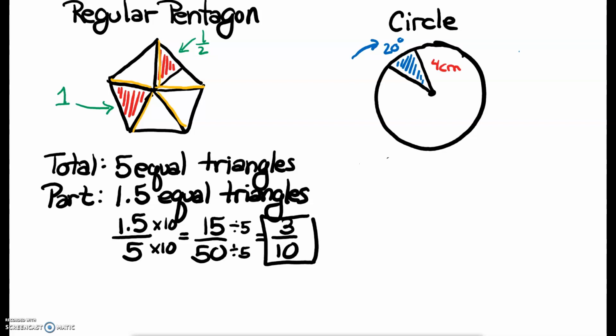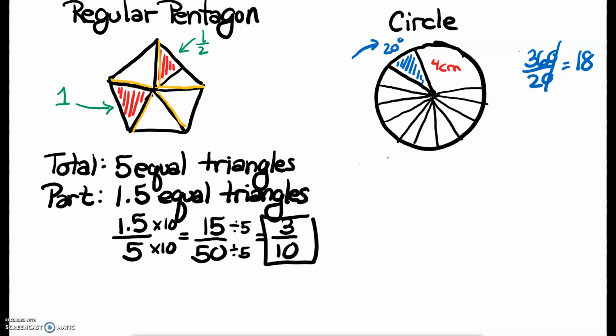So if I take 360 and I divide it by 20, I get 18 equal pie pieces. 18 equal pie pieces. So I mean, I could draw all 18 of these pie pieces in. 2, 3, 4, 5, 6, 7, 8, 9, 10, 11, 12, all the way to 18. Just imagine there's 18 in here.